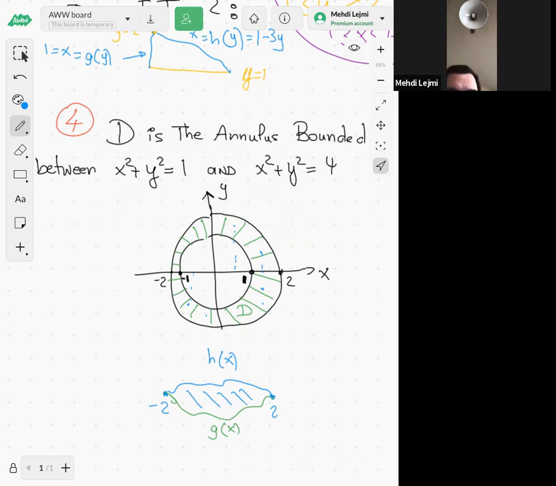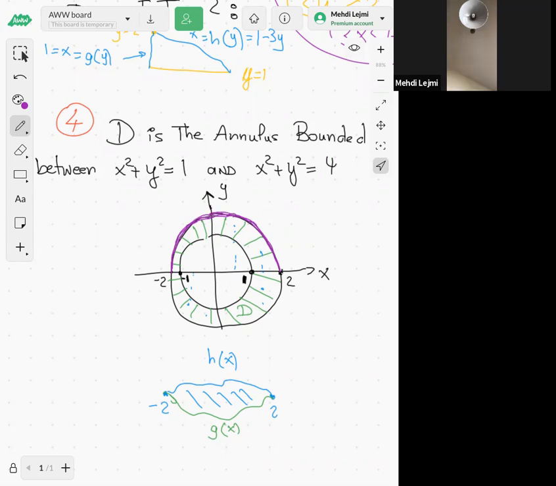But here there's a problem because actually there are 4 different graphs here. This is the first graph here, above the x-axis.